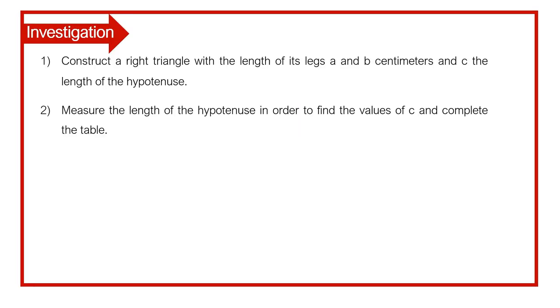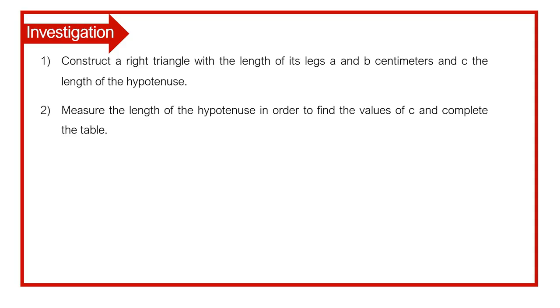Okay, so let us do an investigation to find out what Pythagoras' theorem is. Step 1, you will construct a right triangle with the length of its legs A and B in centimeters, and C that will be the length of the hypotenuse.